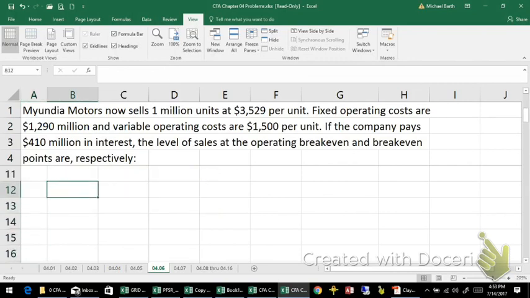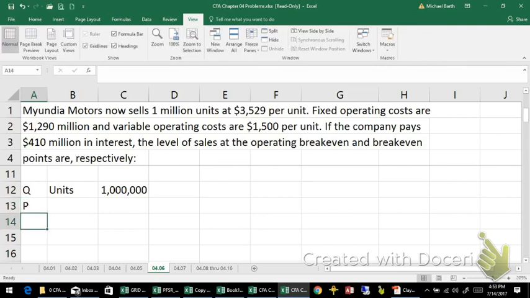Alright, so let's write down what we know here. Right now, the units sold, which we'll label as Q, is 1 million units.